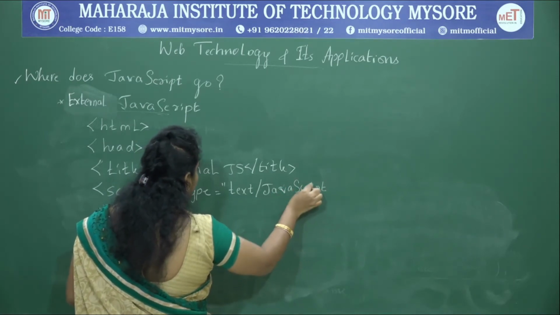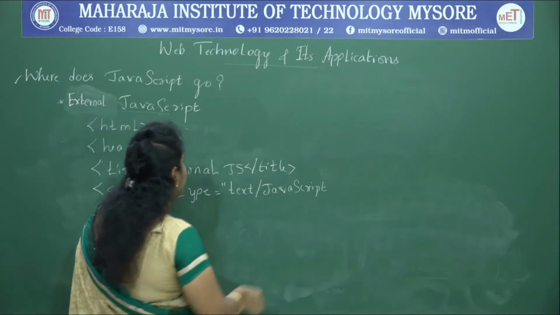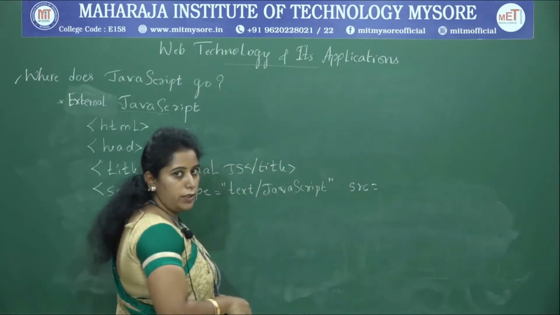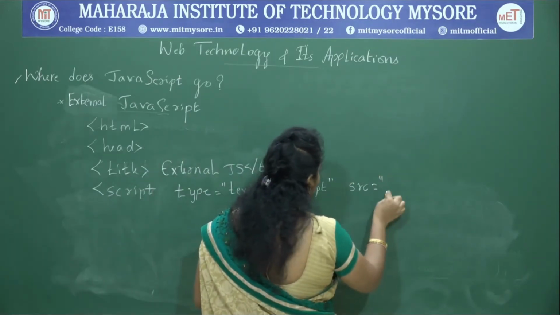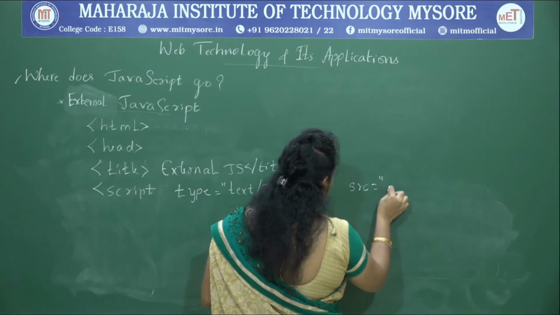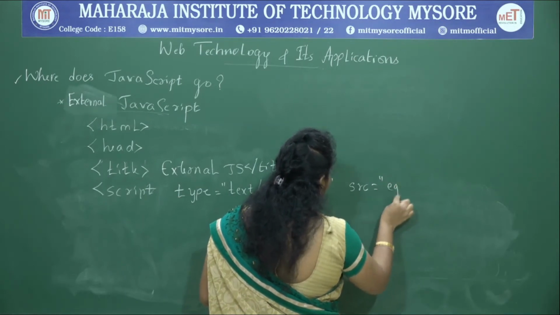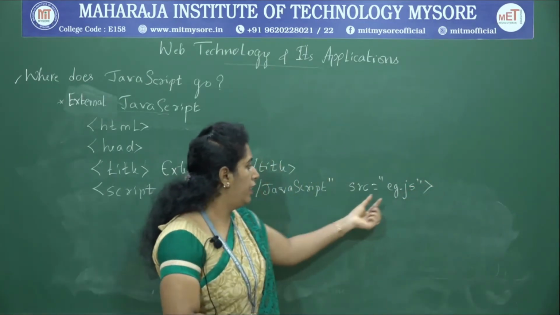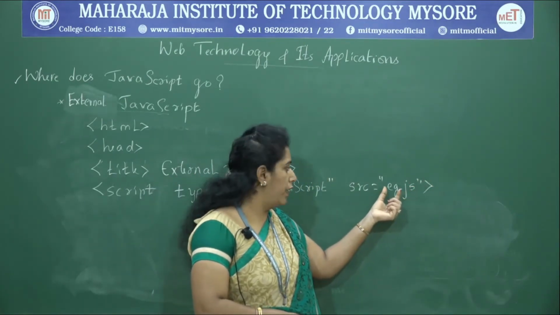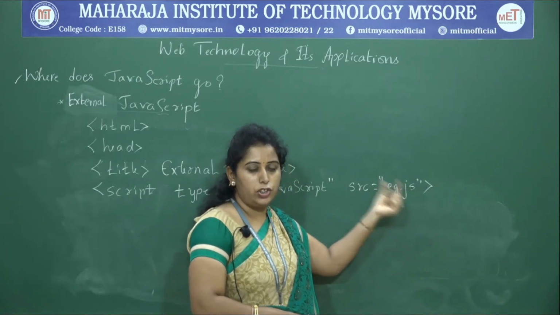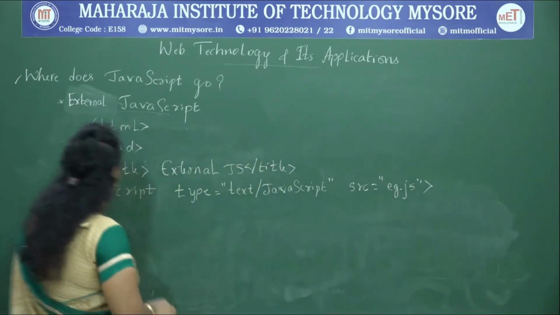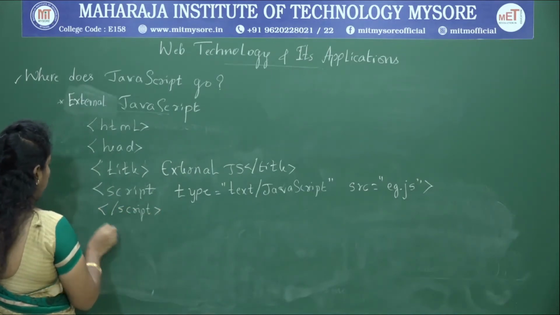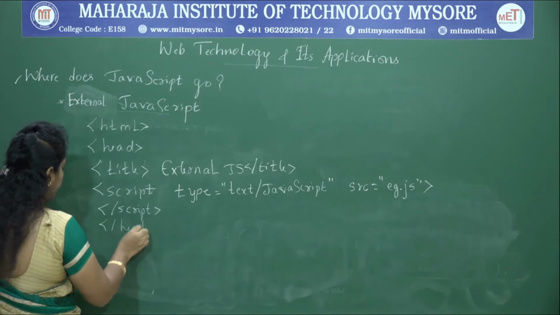JavaScript is case sensitive, so you have to write it properly. Then, which file you want to use inside your HTML file, that is the source file name. For example, I have a file named example.js. See, eg stands for example file name, and js is the extension, a JavaScript file. Now close script, also close head.